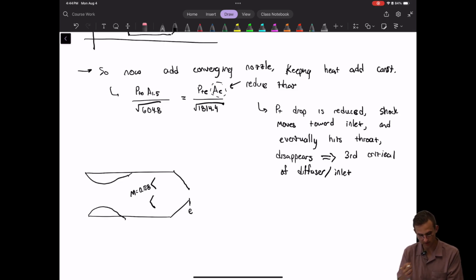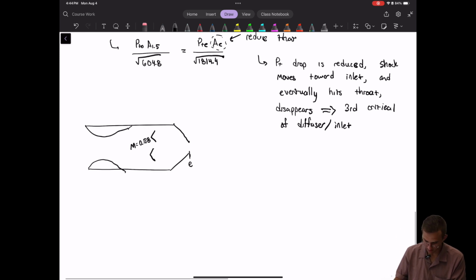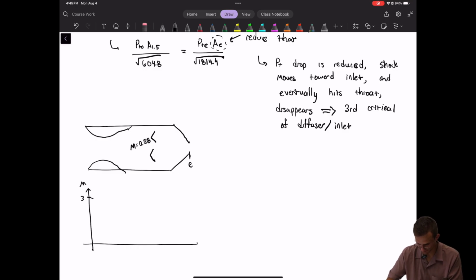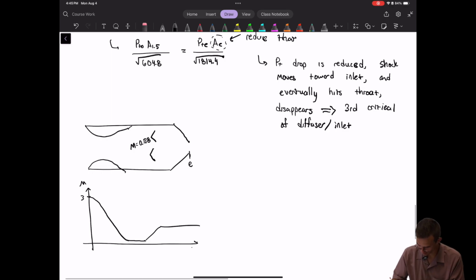So we slowed the flow way down upstream of the burner. And the Mach number through this system looks like this, where you start at 3 like you did before, but you smoothly go down to that subsonic Mach number. You go through the burner, speed back up to 1, and then go to your exit. Okay?